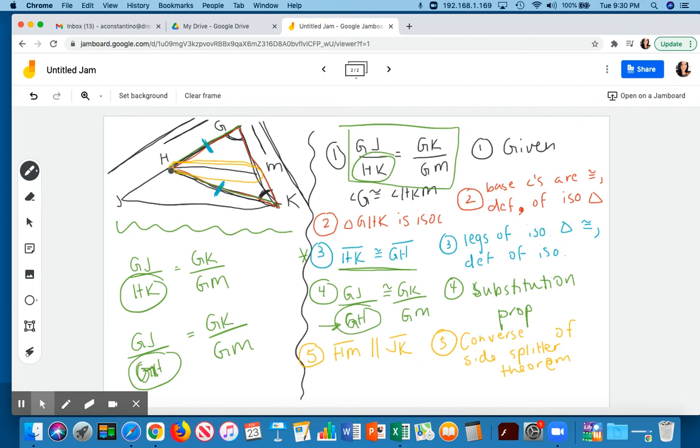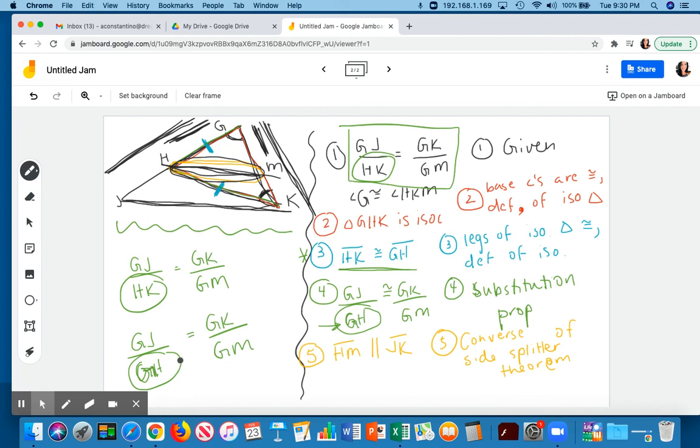And basically what this side splitter theorem is saying is that if you have a line that splits those proportions, right? This line starts right where HG and GM start, and then this line down here starts where GJ ends and GK ends.